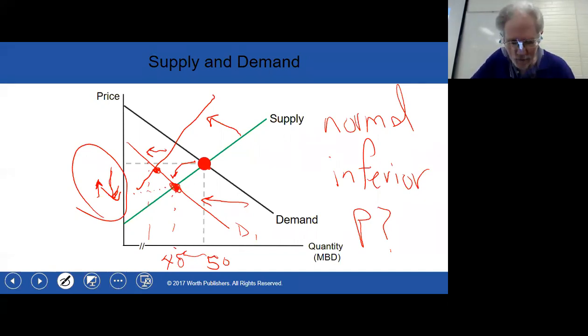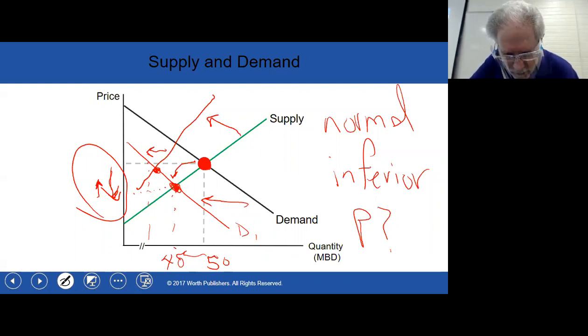Now, if I tell you the graph I've drawn here, this is exactly what happened. This is not just the direction of change, but this is exactly what happened. Then you could look at this and say, well, we started out here, demand decreased, supply decreased.